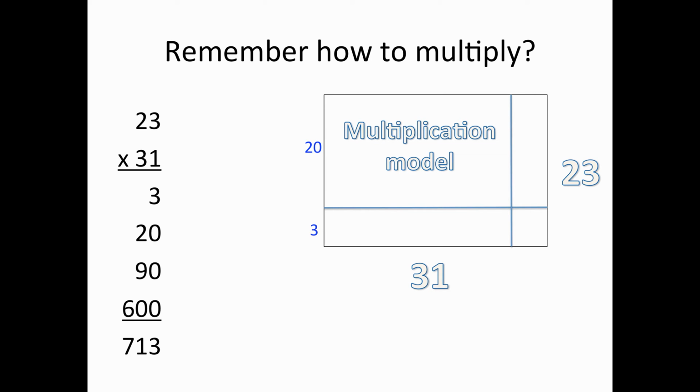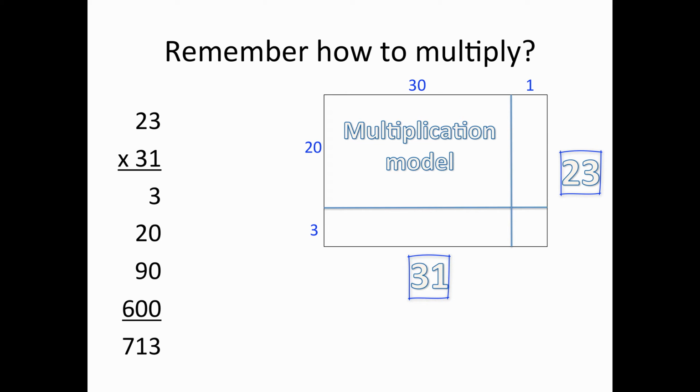Along the left-hand side, the two segments, one of length 20 and one of length 3, combine to give you the height of 23. And along the top, a segment of length 30 and a segment of length 1 make 31. So now we have a rectangle that is 23 by 31.